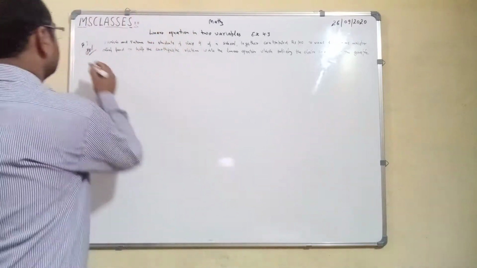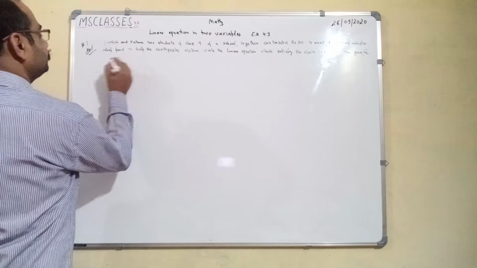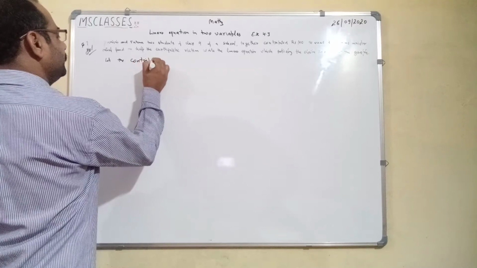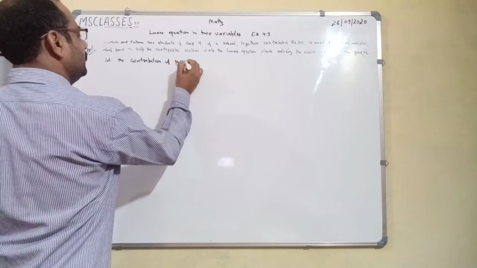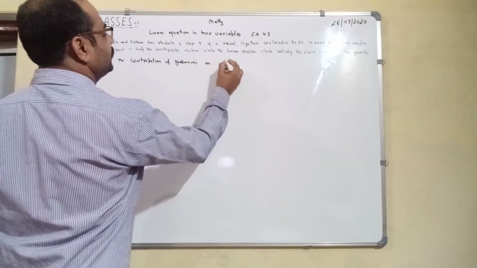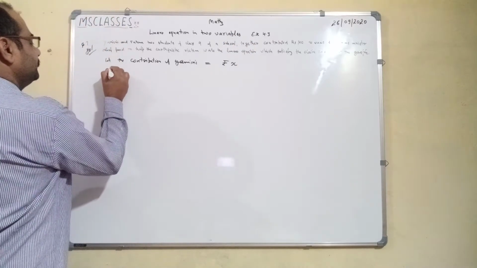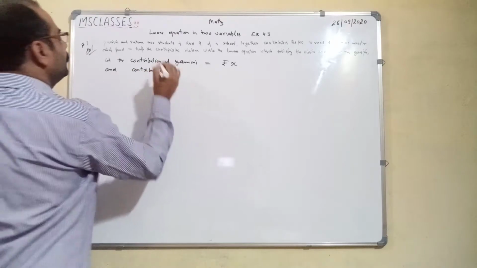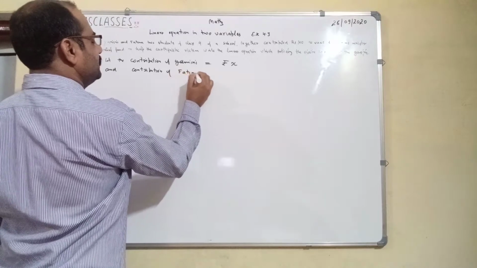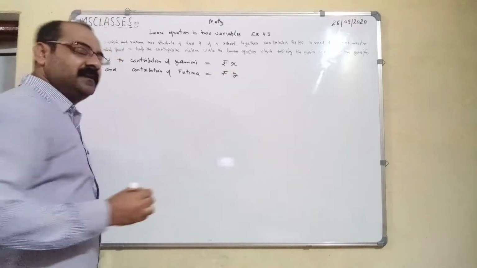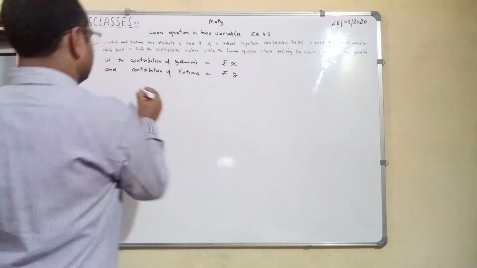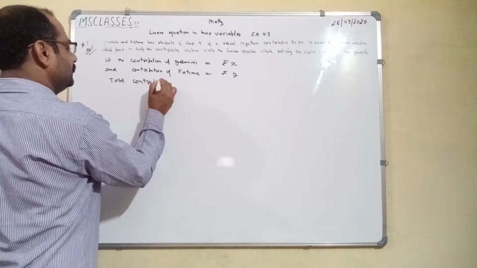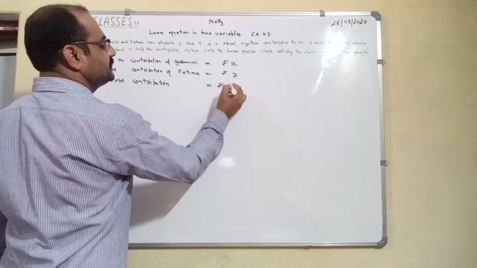So assume that our solution is, let the contribution of Yamini be rupees X and the contribution of Fatima be rupees Y. You know the total contribution is rupees 100.